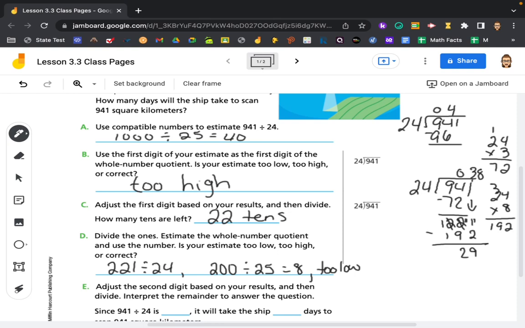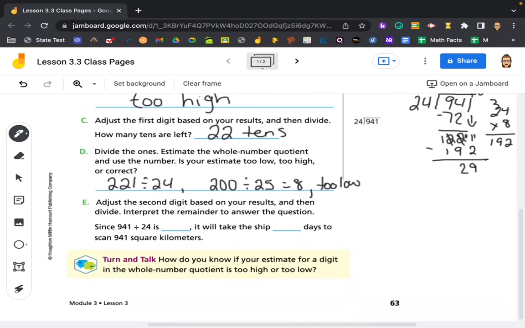So that means I'm going to leave my work here so that way you can see why it's too low. Now, if you're really doing this, you would just erase it, but I wanted you to see my work here.